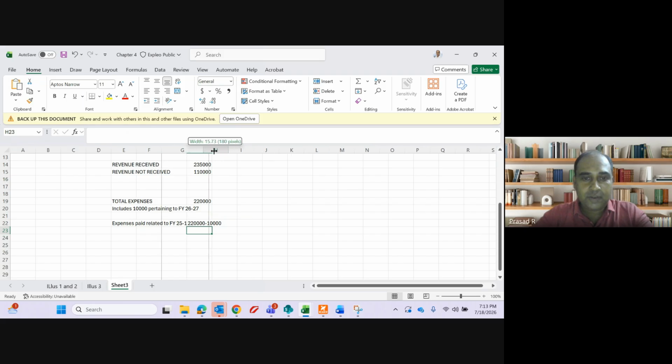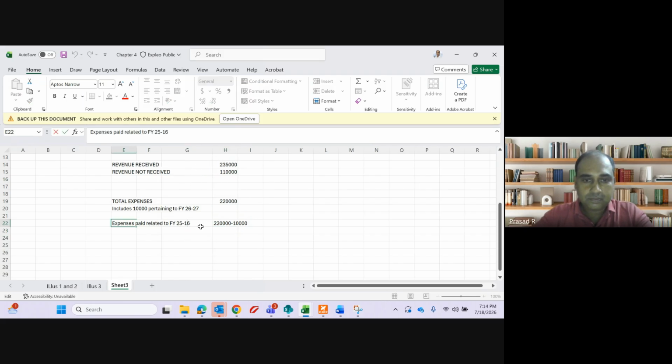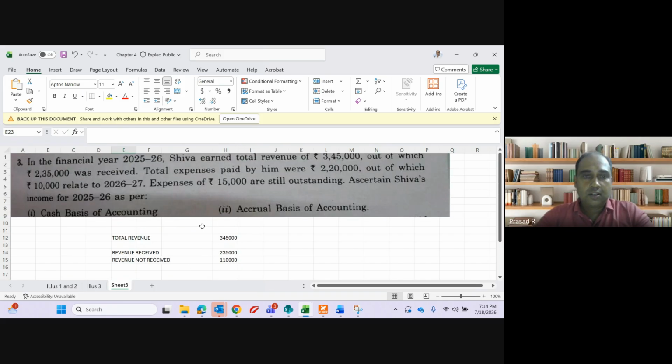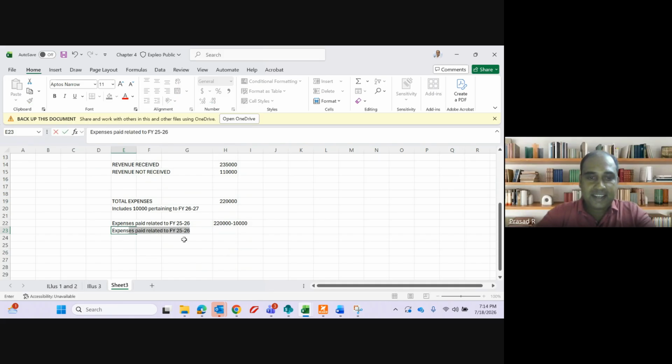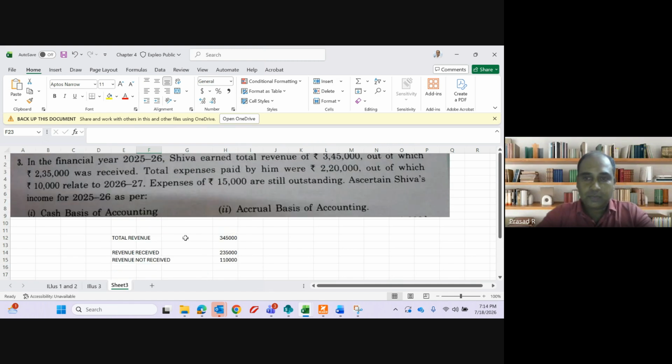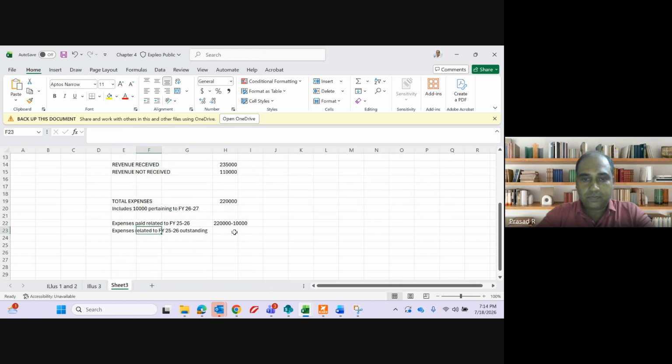There is one more information given in the question. Expenses of 15,000 are still outstanding. Expenses related to financial year 25-26 not paid. Outstanding means not paid. This is 15,000.